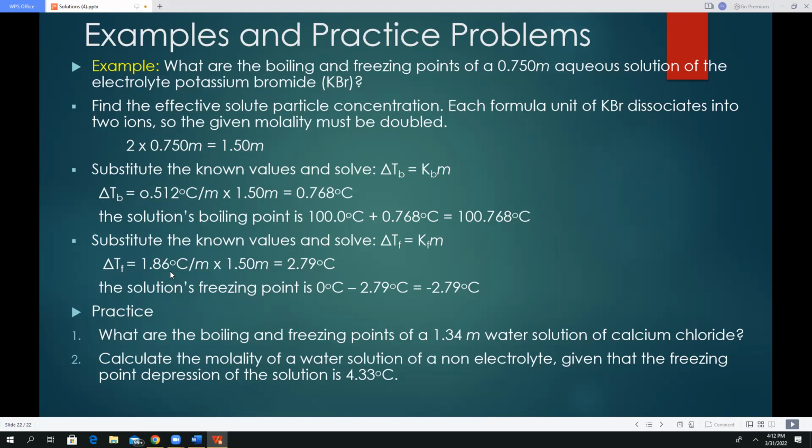So that means it's negative, right? We need to go backwards with it. So the molality, since it is a non-electrolyte, we will divide that by 1.86, I would guess.